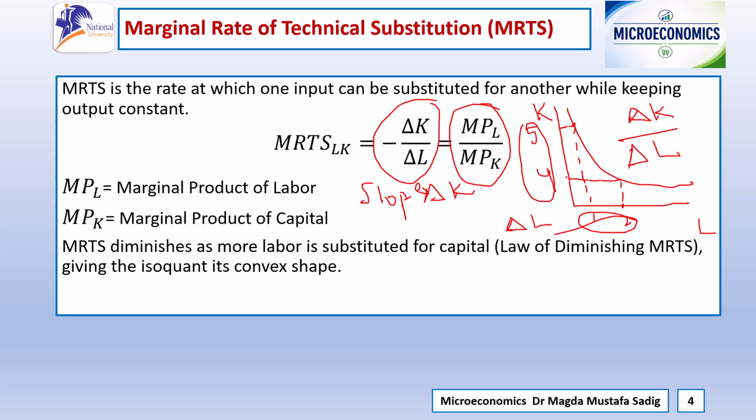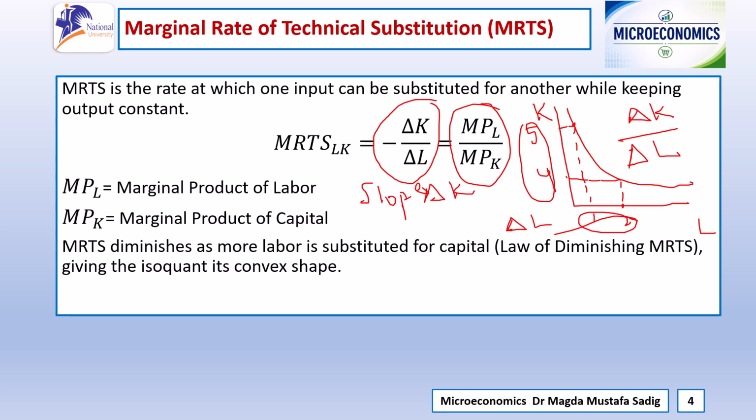As labor continues replacing capital, each additional worker replaces fewer and fewer machines. This phenomenon is called the law of diminishing marginal rate of technical substitution. And that is why isoquants become flatter as we move downward.